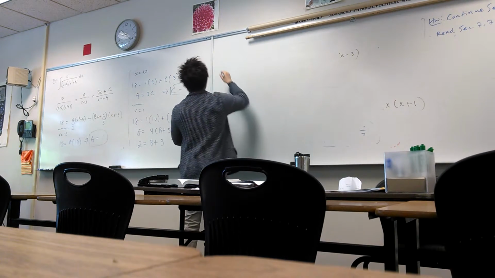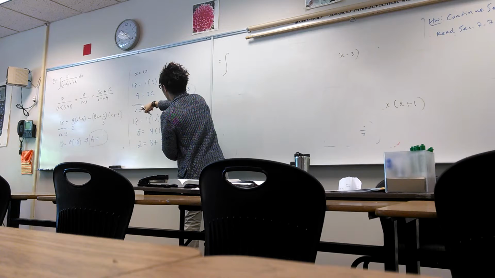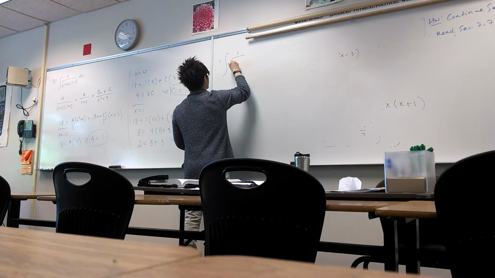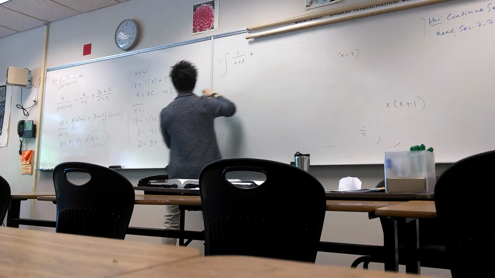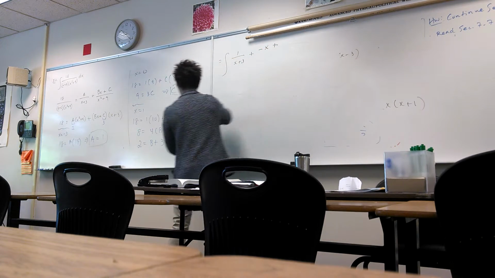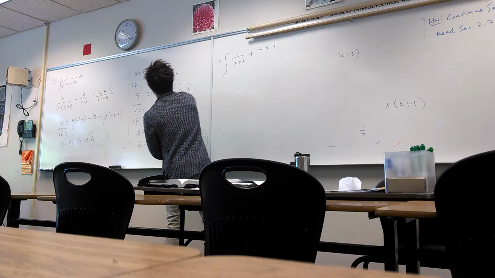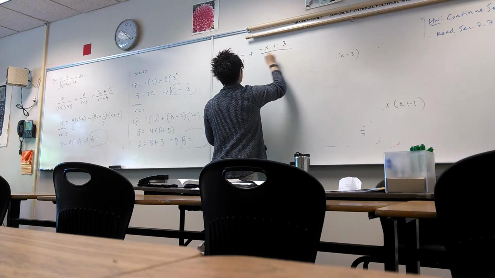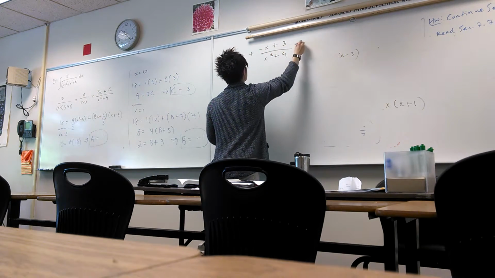So therefore, this becomes the integral of a, which is 1 over x plus 3, plus b, which is -1, x plus c, which is 3, over x squared plus 9.